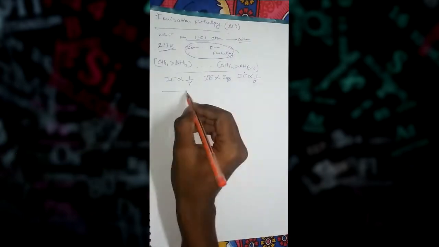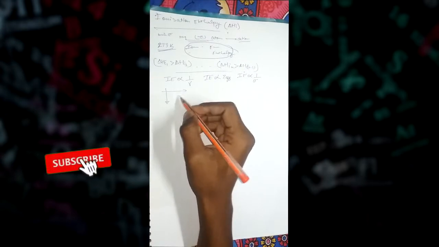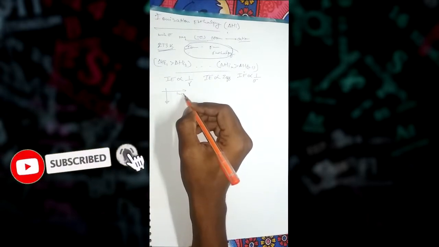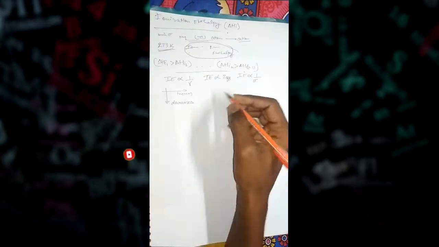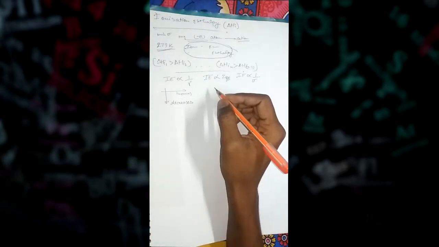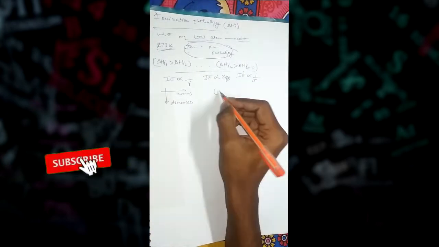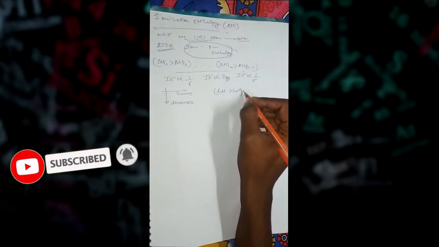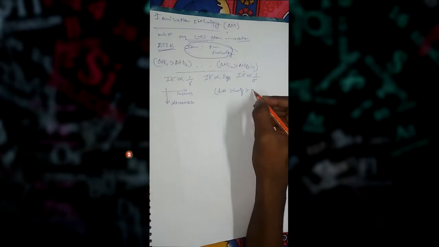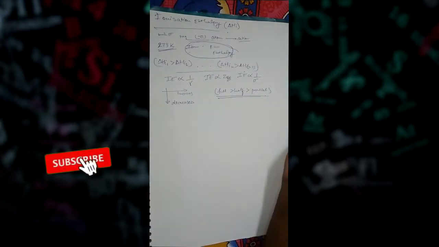Now along the period it increases, and down the group it decreases. One more thing which will help you in solving your question is: full filled is greater than half filled is greater than partial. This is actually a stability order of the atom.